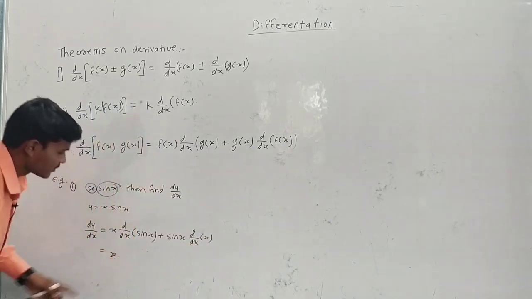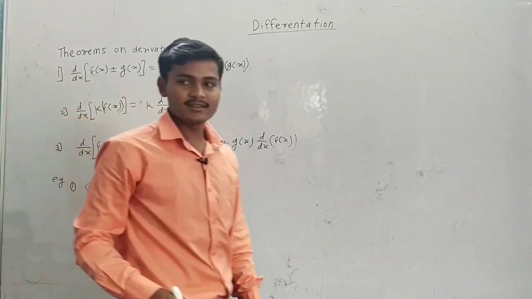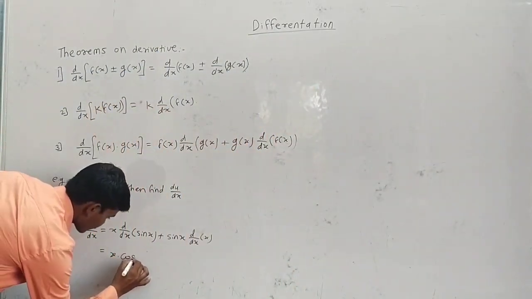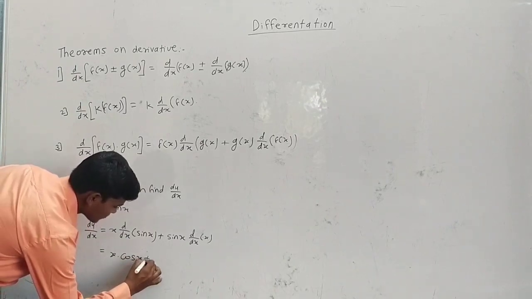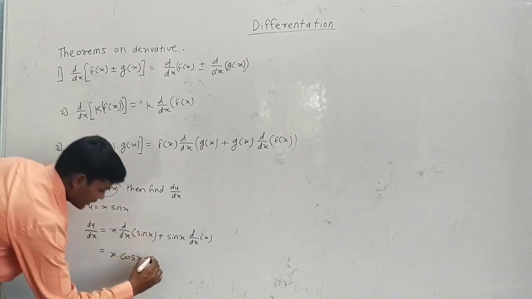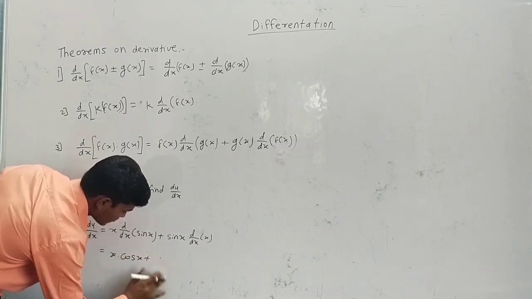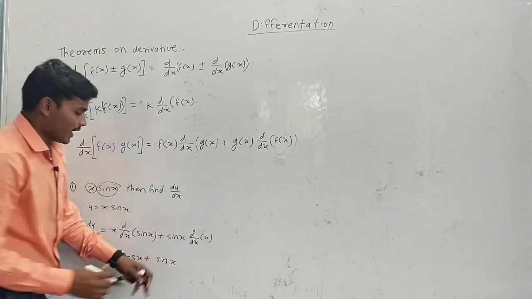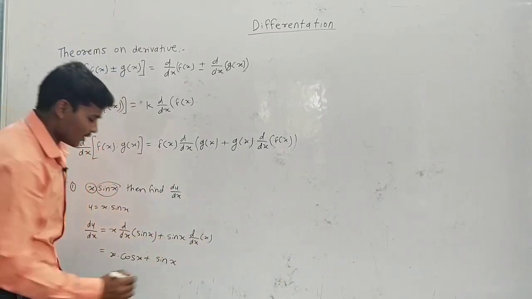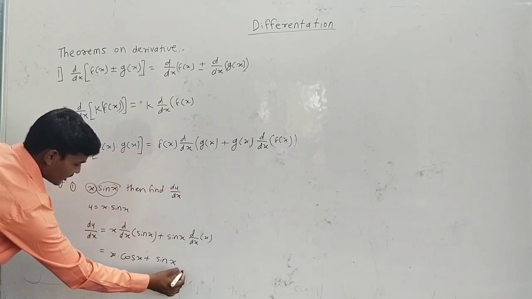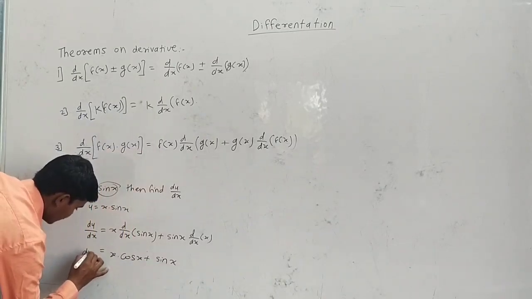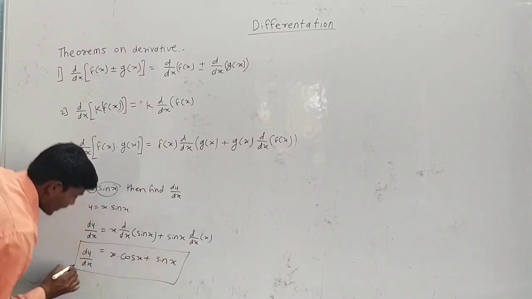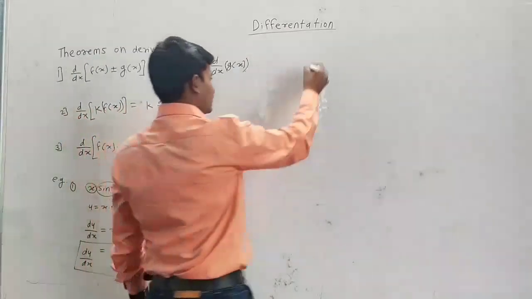Now x, the derivative of sin x is cos x, plus sin x, and the derivative of x is always 1, so no need to write. So dy by dx equals x cos x plus sin x.